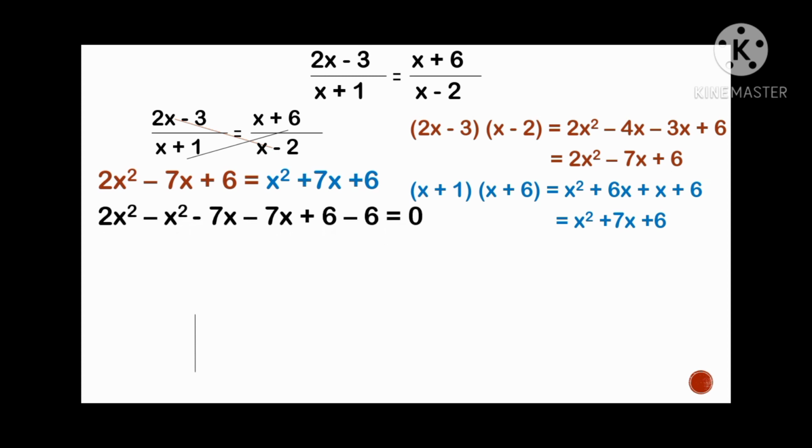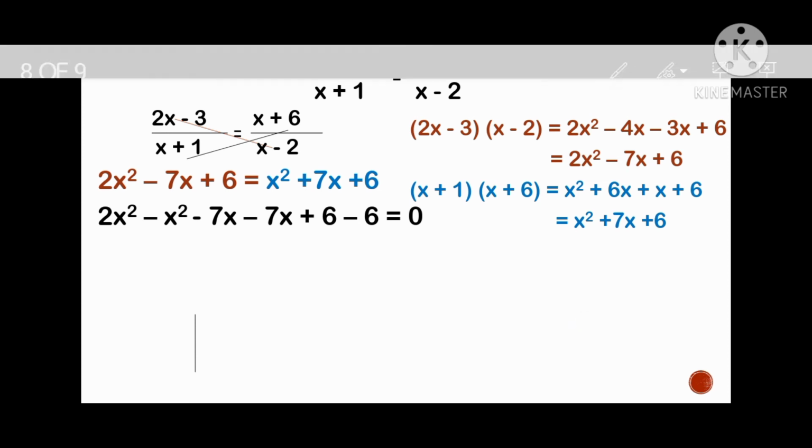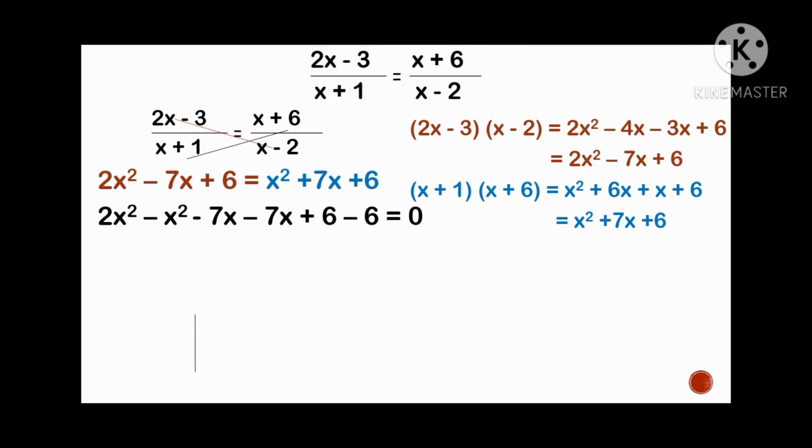write all the terms in the left side of the equation, leaving the right side equal to 0. Then, combine the similar terms. So, we have the x squared terms, 2x squared minus x squared, that is equal to x squared.